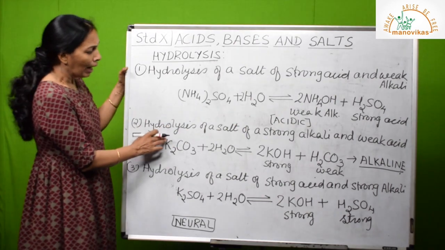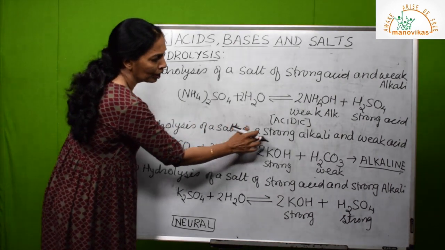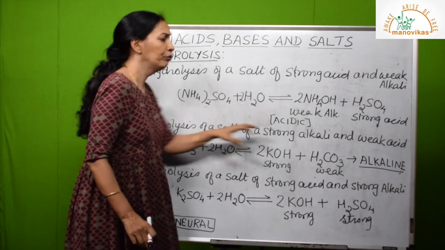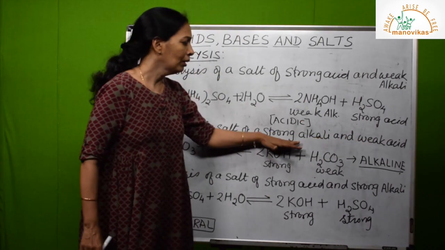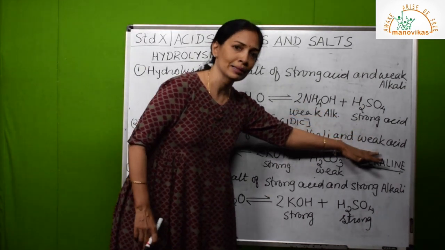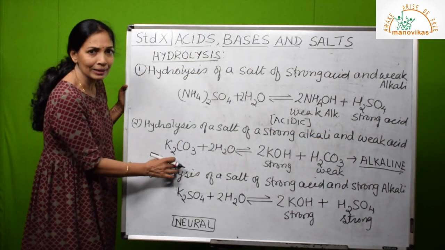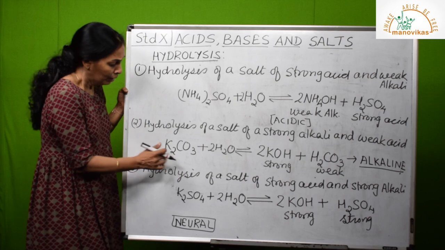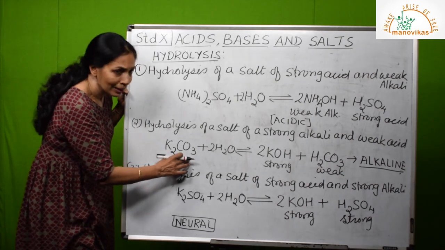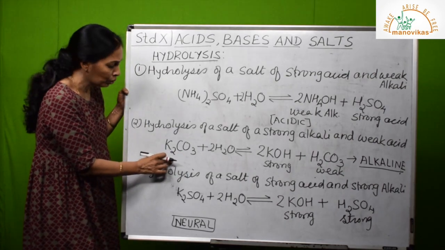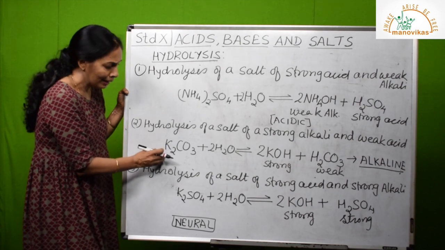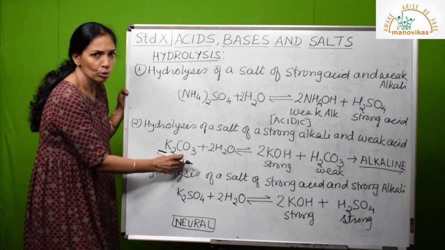Second one, hydrolysis of a salt of a strong alkali and weak acid. If a strong alkali reacts with a weak acid and forms a salt by neutralization, we can take the example of potassium carbonate. What can be the neutralization reaction for formation of K2CO3? Strong alkali KOH and weak acid H2CO3.